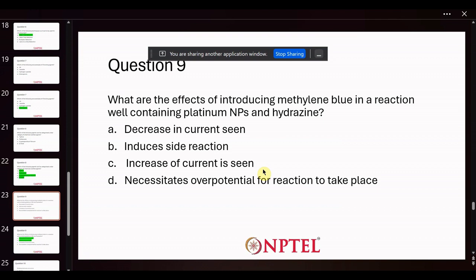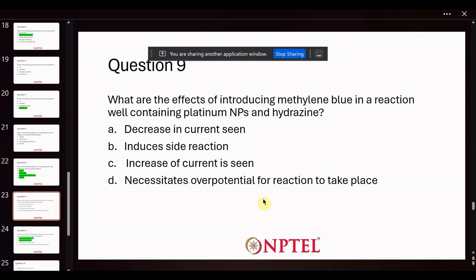Nanoparticles are involved so that you get the side reactions to occur that will increase the signal to background ratio compared to the normal situation.